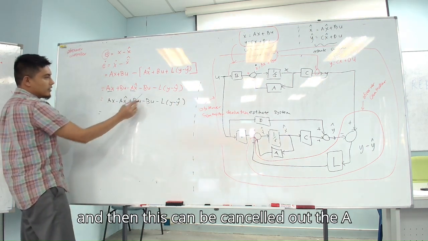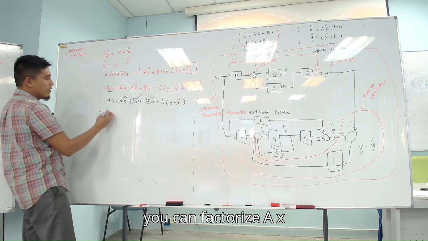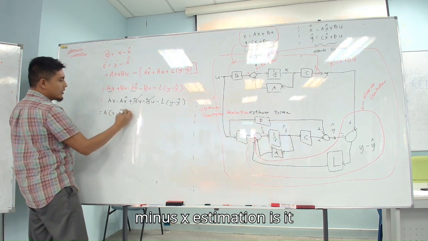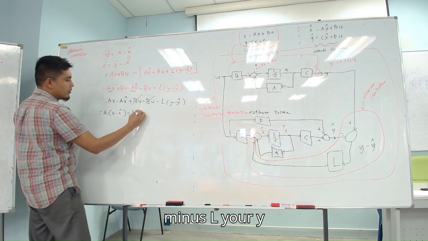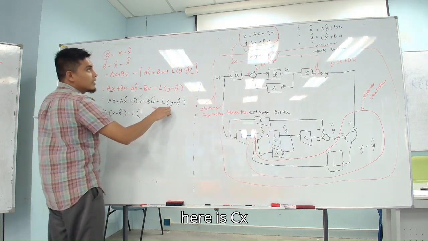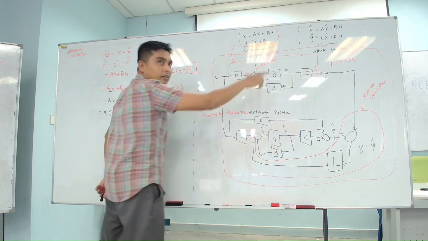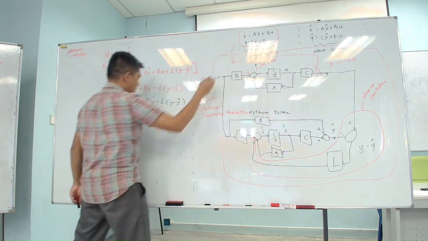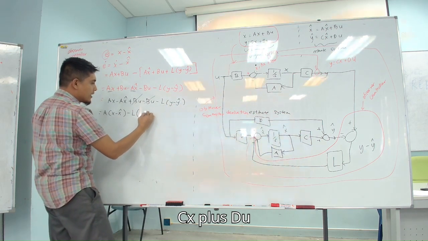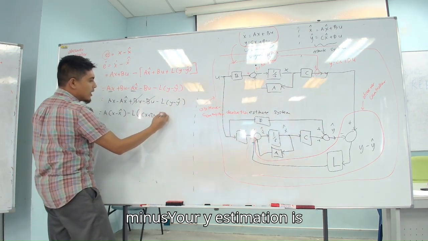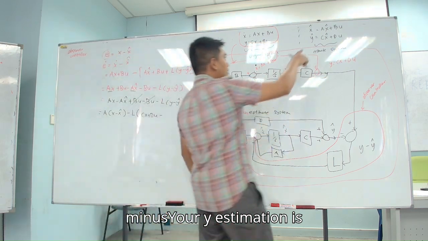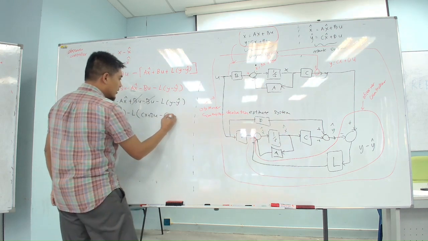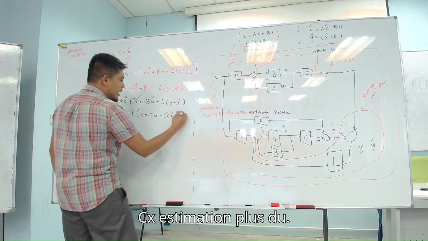And then this can be cancelled. The A you can factorize: A X minus X estimation, minus L. Your Y here is CX. Okay? Your Y for the system is CX plus DU, minus your Y estimation, which is CX estimation plus DU.